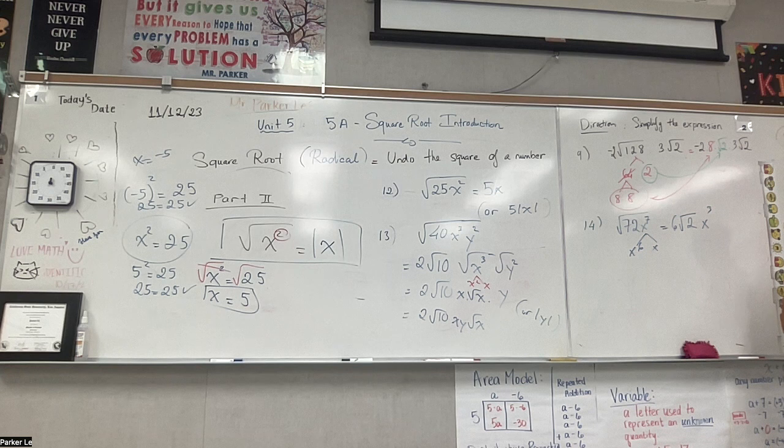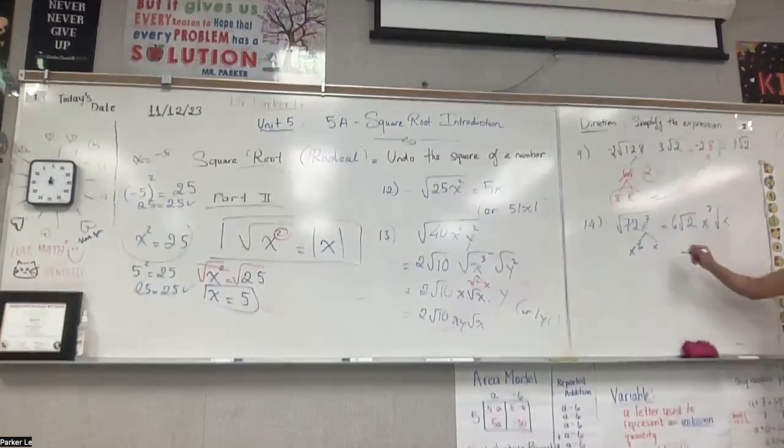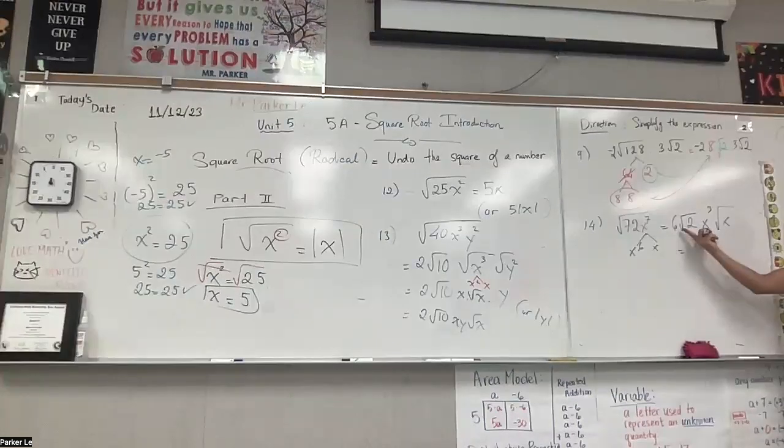Do you agree? Yeah, and then x, do you have any friend for this x? No. So this x stays inside the square root, right? Then just combine it, outside together, inside together. So 6x cubed, then inside you have 2x. That's the answer.